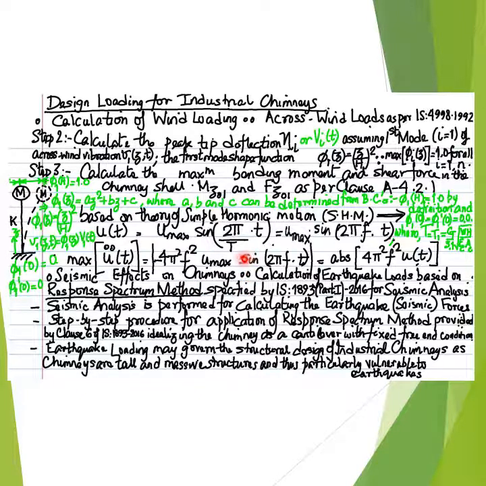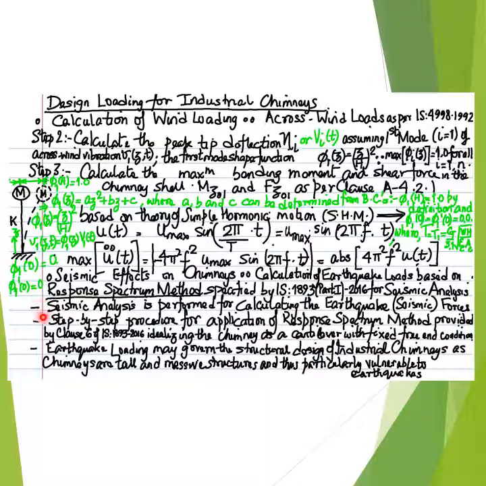Since chimneys are particularly vulnerable to earthquakes, being tall and massive structures, the calculation of earthquake loads on industrial chimney structures is based on the response spectrum method specified by IS 1893 Part 1, the latest revision, that is the 2016 revision, for seismic analysis of the industrial chimney structure.